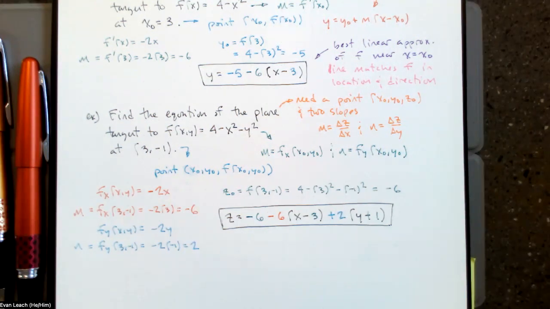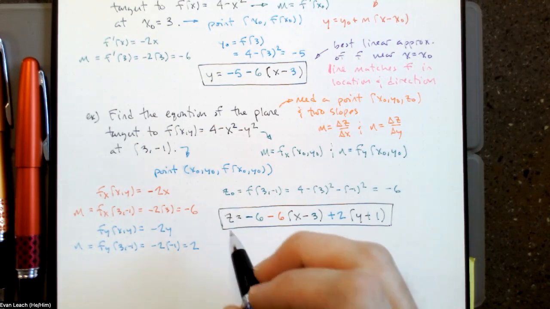Our interpretation is the same that we had before. This is good because we're doing the same thing. We should be able to interpret it in the same way. And that's what we do.